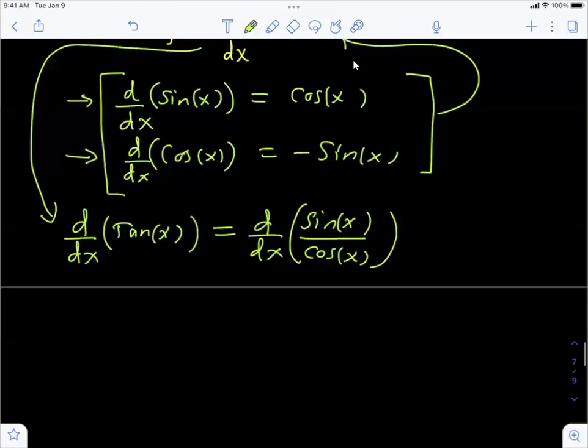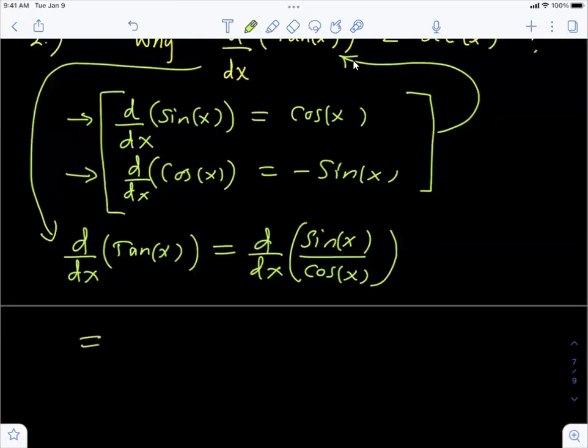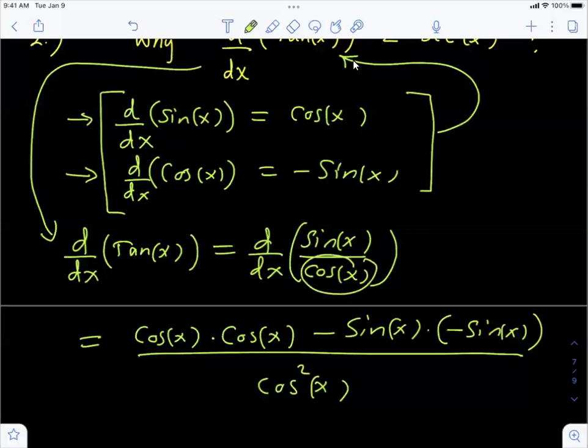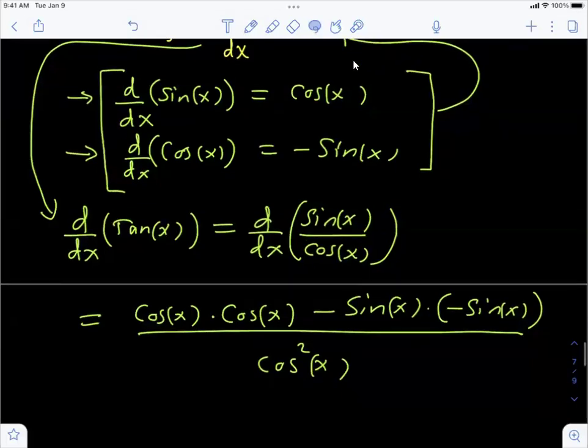Now, let's use that. The derivative of sine, which is going to be cosine x, combined with the original bottom function, and then minus the original first function times the derivative of the bottom function, which is going to be negative sine x. The entire term is over cosine squared, which is the algebraic square of the denominator.